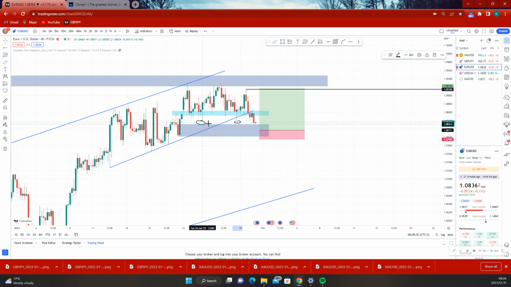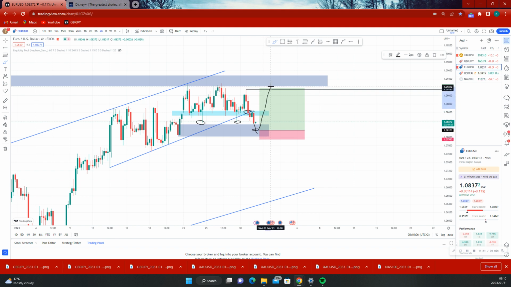And as you can see, we had people who bought these areas. They are being wiped out as we speak. As they are being wiped out, those people who are selling right here might also get wiped out as well. Hence why I'm looking for it to buy from this demand area, for price to come and trade inside 50% of this demand area, and then we can take price to wipe out all these sellers that came in here, and possibly take out all of these sellers as well.